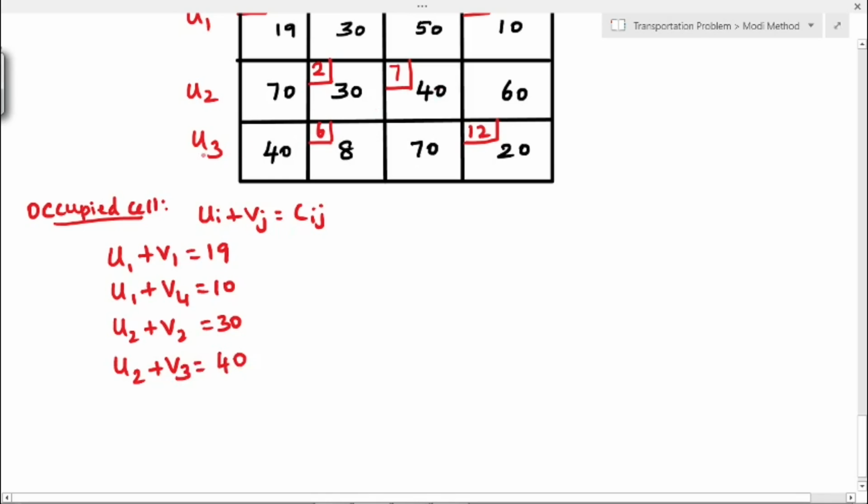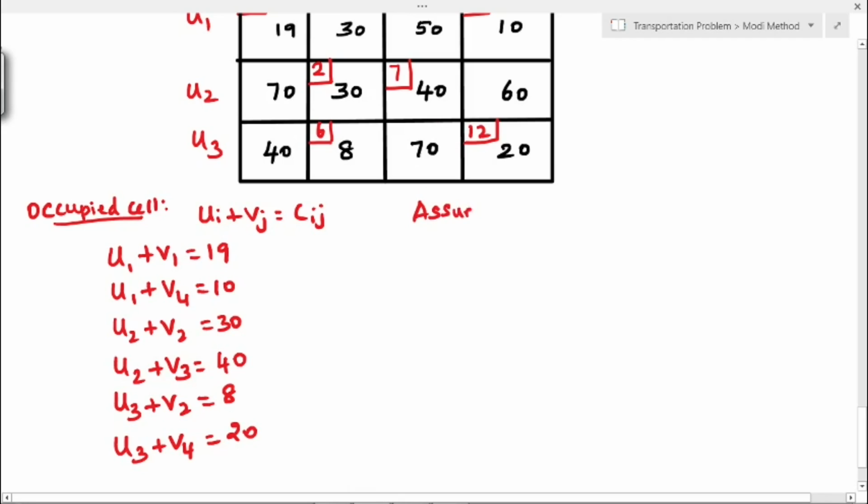Next, third row, that is U3, this is V2, cost value is 8, so U3 plus V2 equal to 8. And the last one is U3 plus V4 equal to 20. So we have to assume any one value to be 0. Again I am going to assume U1 is 0.